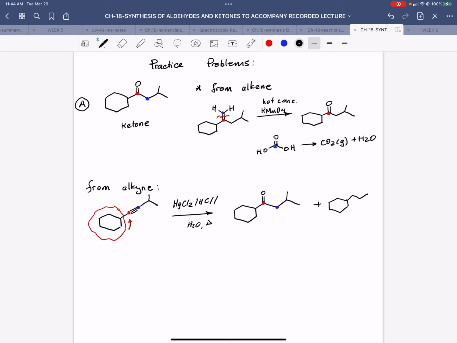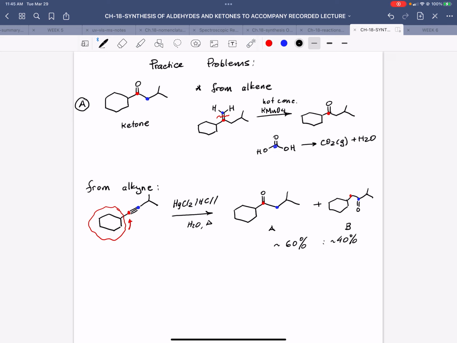I don't have a symmetrical alkyne, so in this case, I'm going to get a mix of the products A and B. If I predict the reaction outcomes here, I'm going to get maybe 60% of A and 40% of B. And that is not a good synthetic strategy. So if I had to stick in with one of those two strategies, indeed I would go from the alkene.